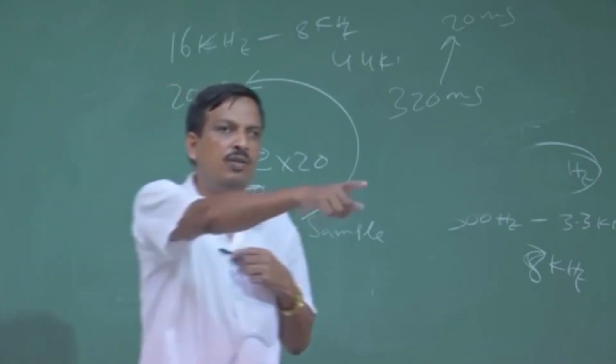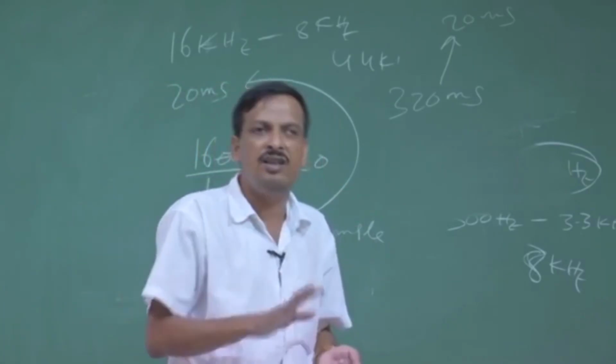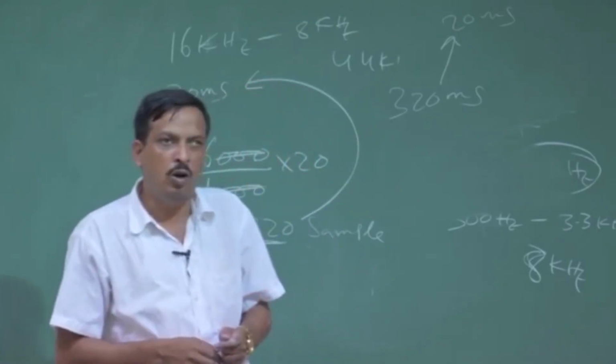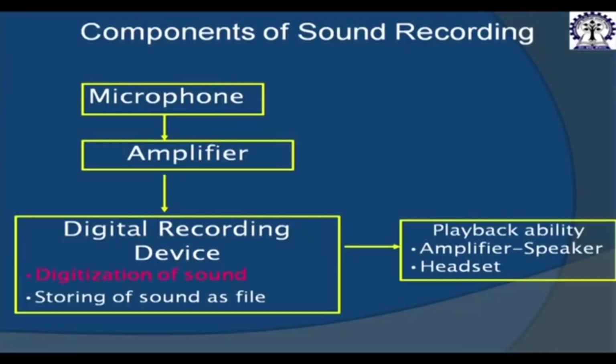This electrical signal goes to the sound card, which digitizes the signal and records it. There is an amplifier if required; sometimes the microphone is directly connected to the sound card, which contains the amplifier, and then a digital recording device converts that analog signal to a digital signal. If I want playback, I require a speaker or headphone.